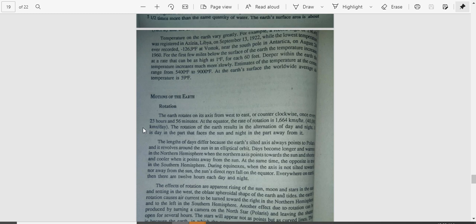So dugin na, round off na lang into 24 hours. Therefore, it can rotate once in a day. At the equator, the rate of rotation is 1,664 kilometers per hour, or 40,000 kilometers per day. The rotation of the Earth results in the alternation of day and night. So, ang pagtiyog.